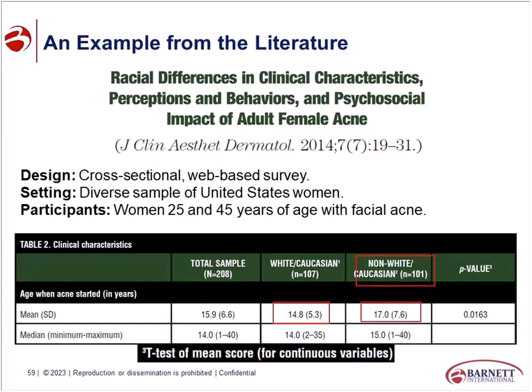Now, the reason why this is important is in designing a clinical trial, if you find an intervention that is effective in preventing acne, you notice that the age of onset is very different. So first of all, if you're designing a clinical trial looking at the onset of acne, you may want to select younger women if you have primarily white Caucasian, and older women if you have non-white Caucasian.